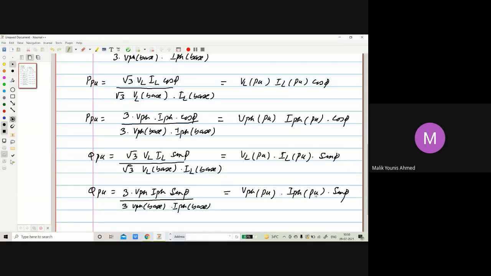So this is the approach if values are given in terms of line or phase values, how we have to find them.